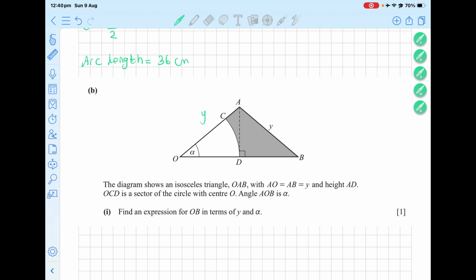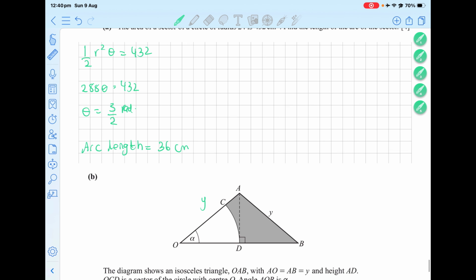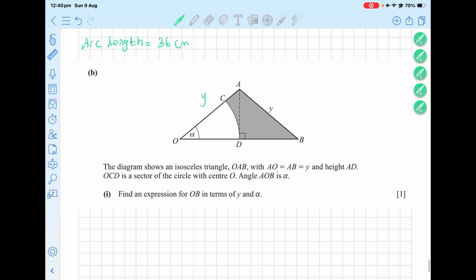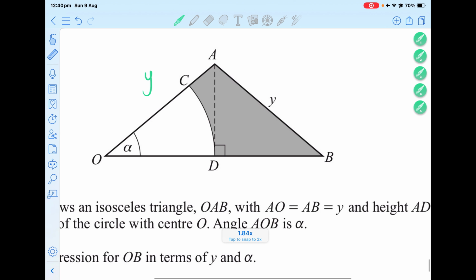So OCD is the circle with the center O. So is it the same sector? No. So angle AOB is alpha. To find OB, by the way, I know that this is also alpha, and this is basically going to be 180 minus 2 alpha.